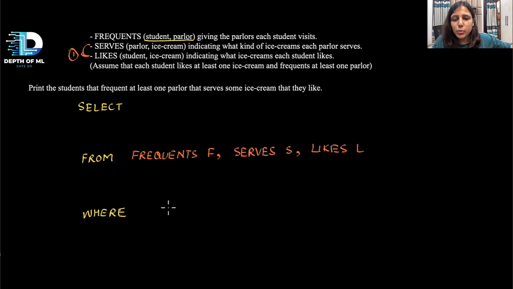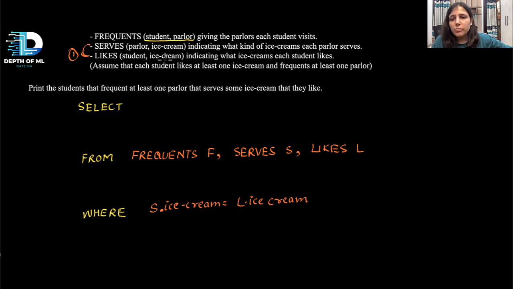The way I will do it is I'll say S dot ice cream is equal to L dot ice cream, right? So now I have the information of the student, the ice cream that they like, and which parlor serves them.